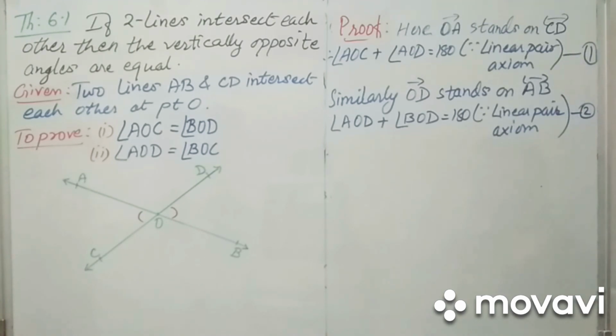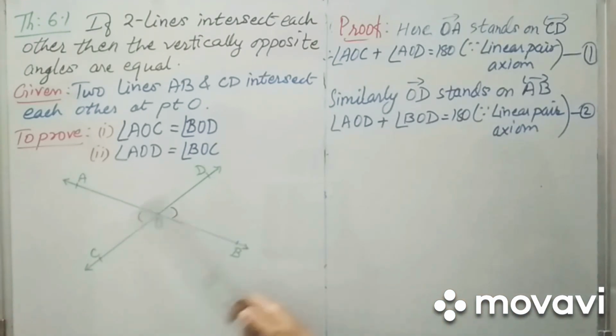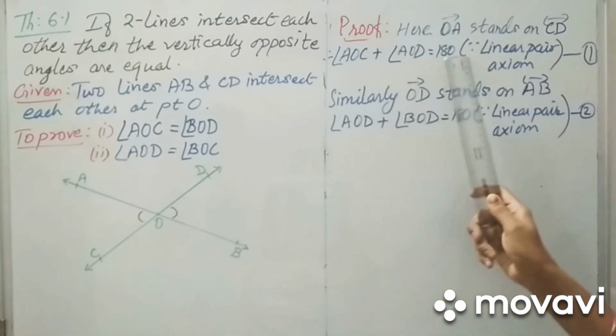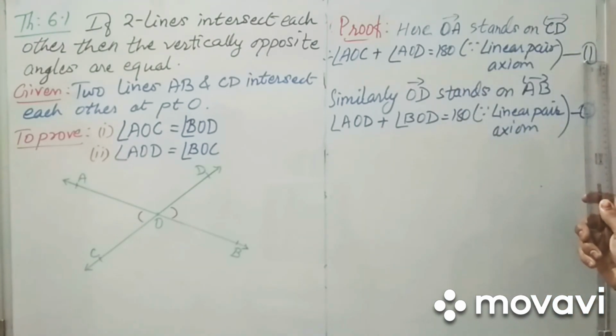Linear pair angle means the sum of the measures of the two angles is 180 degrees. Linear pair means a straight line forms. By adding two adjacent angles, we get a straight line. So it gives us 180 degrees. Name it as equation 1.